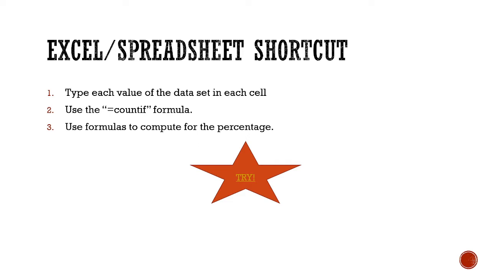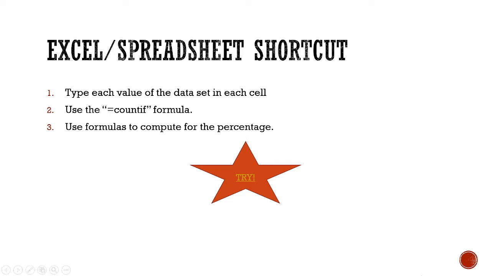Then use the COUNTIF formula. So, for COUNTIF formula, there are actually two parameters there wherein you just need to take note of the range. So, after you take note of the range, then you take note of the category. Siya na yung Excel na yung bahalang mag-perform ng iyong computation. Okay?